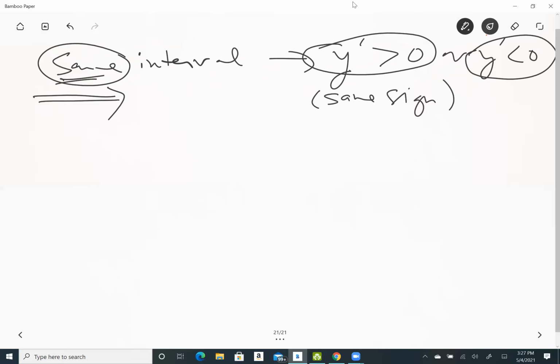Number 3, over the same interval, the sign of y prime will be consistent. In one interval, either y prime is positive or y prime is negative. If you have both, you have to break it into 2 intervals. Any question?